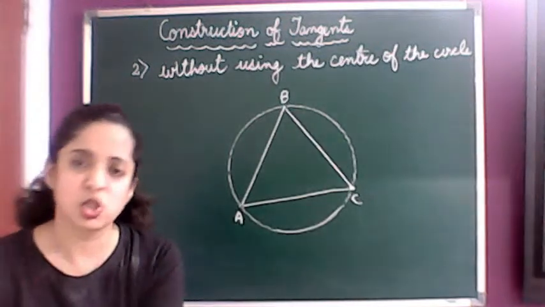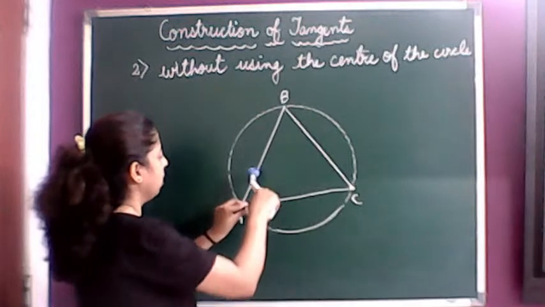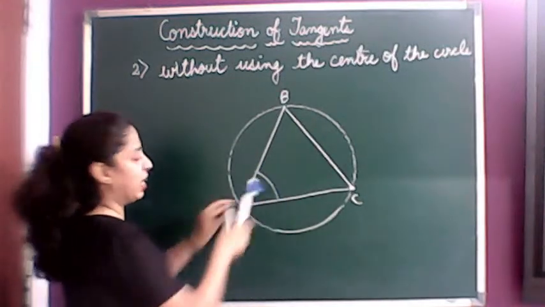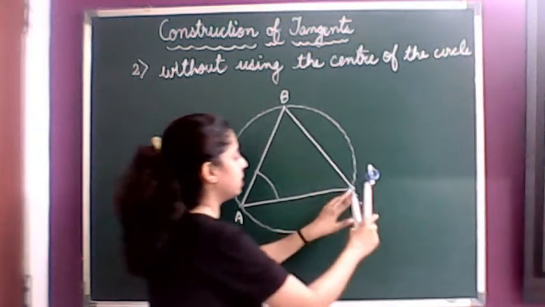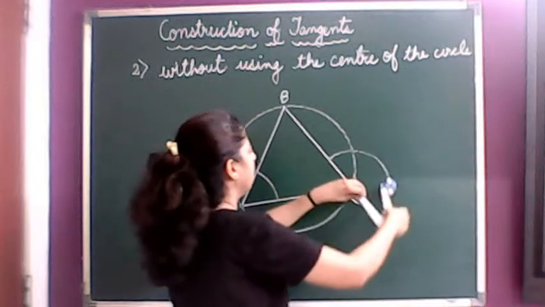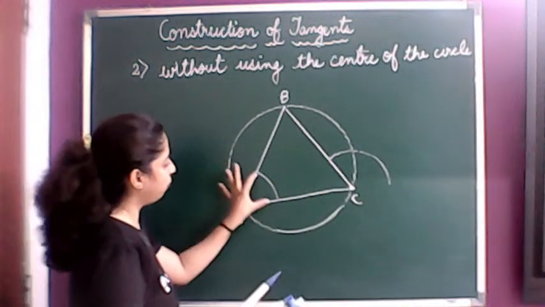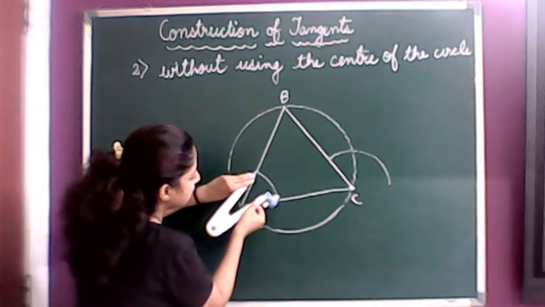So take your compass, keeping the pointer at A, draw an arc like this. Taking the same measurement, keeping the pointer at C, draw an arc. Now you have to measure this. Just keep it here and change the bit and measure this.